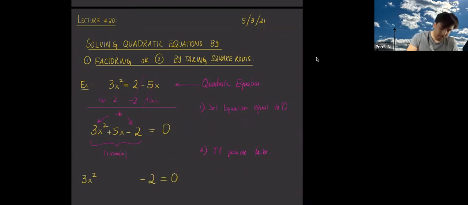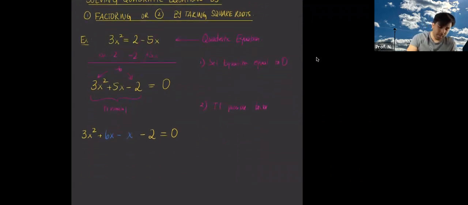That's right. So positive 6x, let me write this in a different color, positive 6x minus x. Positive 6 times negative 1 is negative 6, and positive 6 plus negative 1 is positive 5. And then we go on our merry way, right?